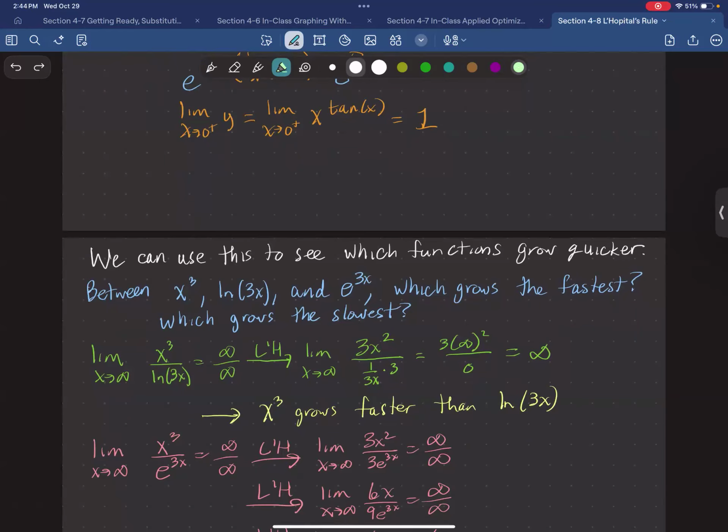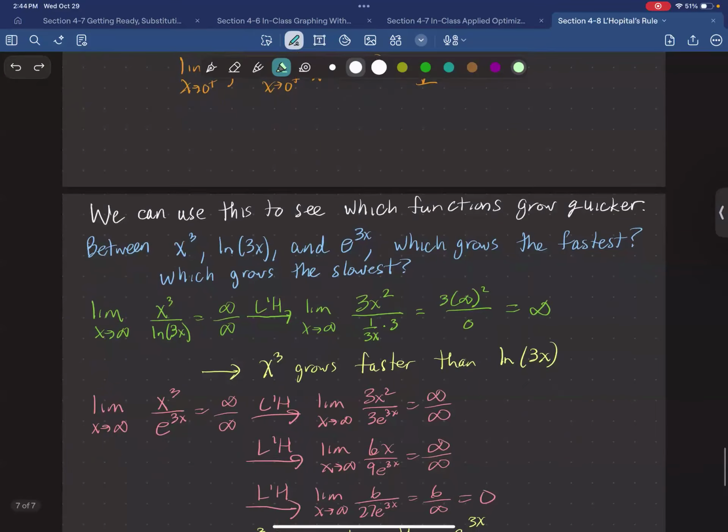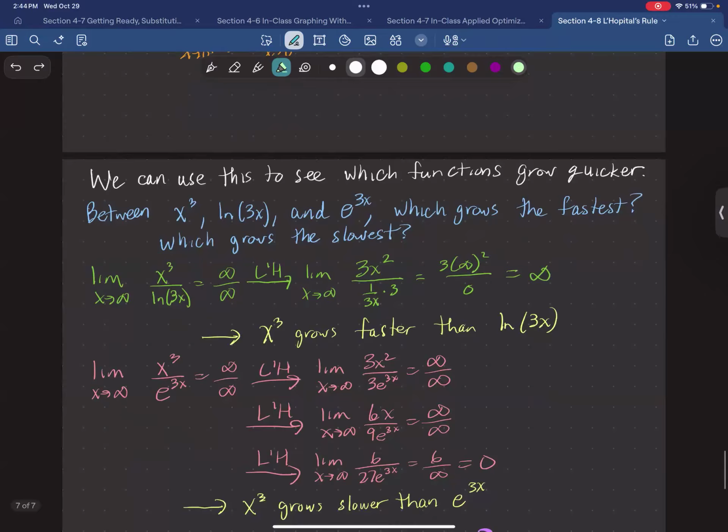We get 6x over 9 e to the 3x. Again, infinity over infinity. Take another L'Hopital. We get 6 over 27 e to the 3x. Now when we stick in infinity, we get 6 over infinity, which equals 0. Which means x cubed is not growing as fast, or it grows slower than e to the 3x.